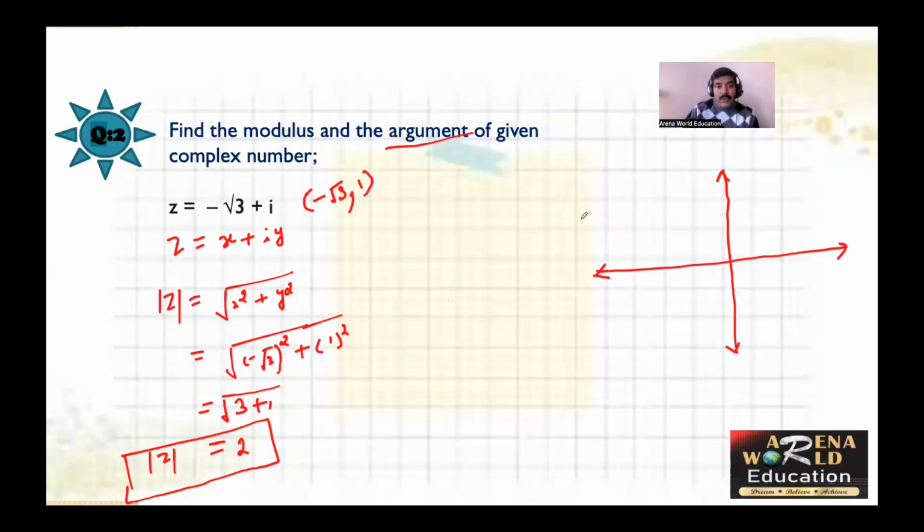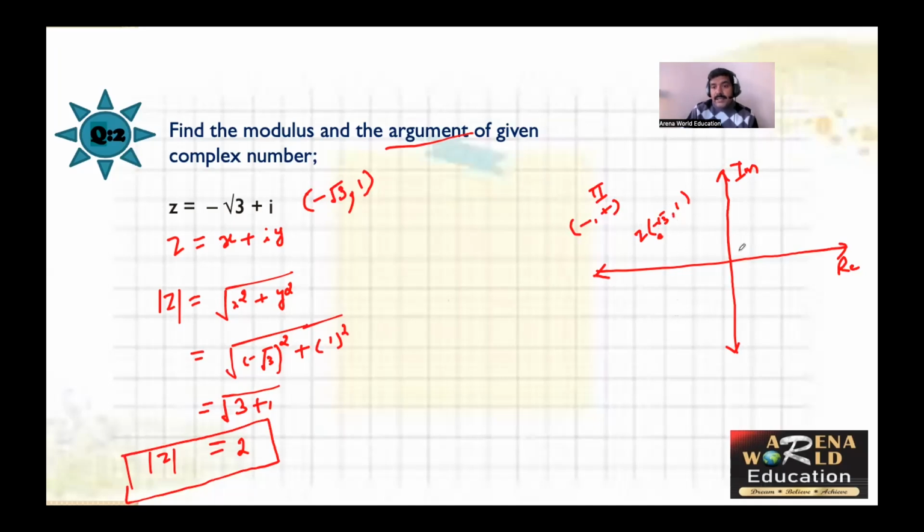Real part is negative and imaginary part is positive. So this is the real axis, these are the imaginary axis, right? So here it will be in the second quadrant. Second quadrant means real part is negative and imaginary part is positive, right? So if we roughly make this complex number, this will be the Z, minus under root 3 comma 1, right?